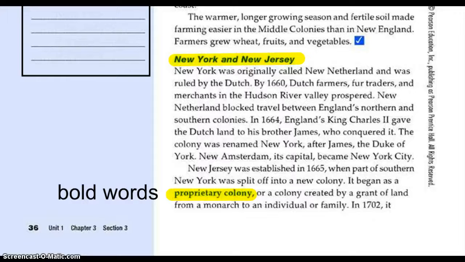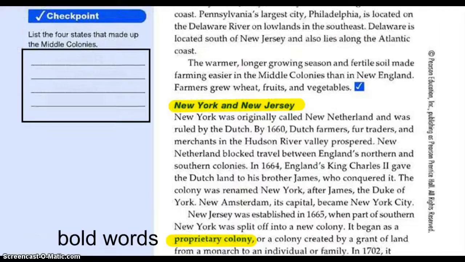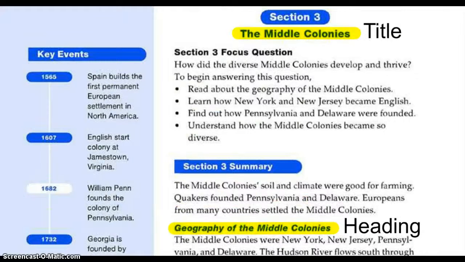If you're finished highlighting and labeling those parts, we're going to go back up to the top and begin reading. We're going to start by reading this section that says Section 3, Focus Question. It says, how did the diverse Middle Colonies develop and thrive? To begin answering this question, read about the geography of the Middle Colonies, learn about how New York and New Jersey became English, find out how Pennsylvania and Delaware were founded, and understand how the Middle Colonies became so diverse.